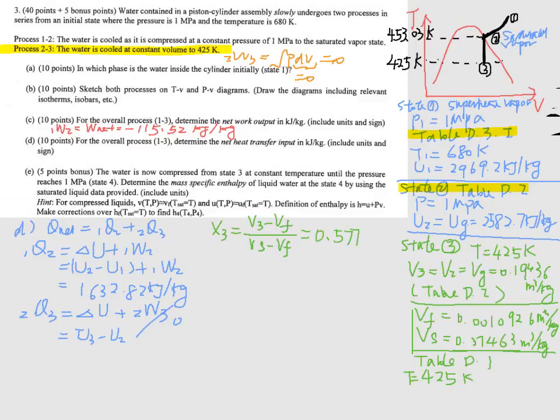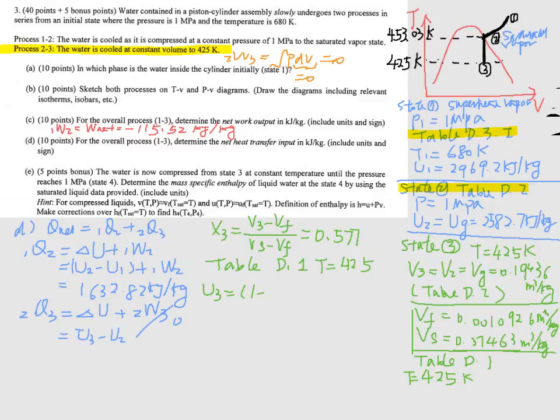And if we continue to use table D.1 at T equals 425, we can find the internal energy at state 3 using the quality that we just calculated.